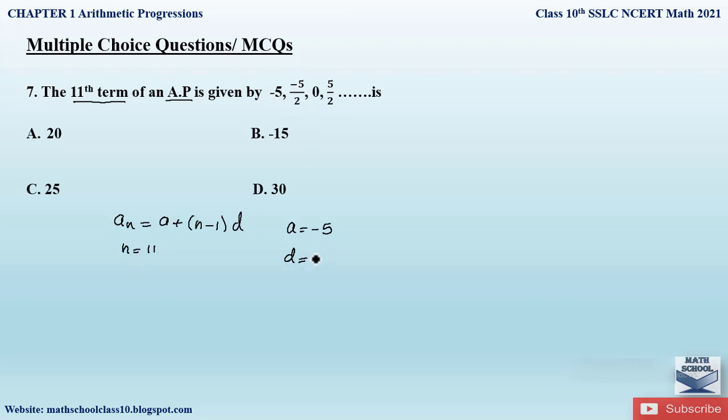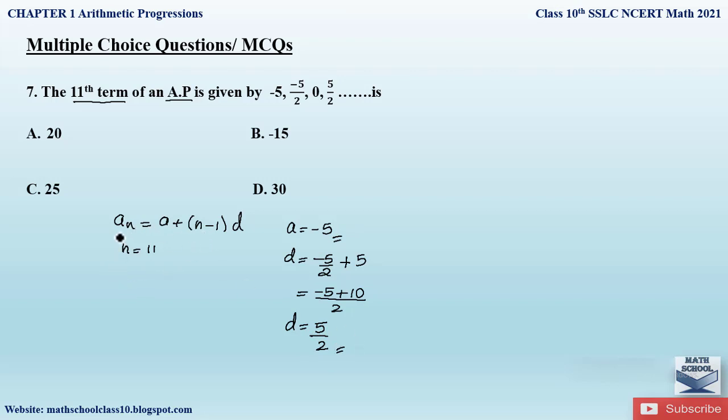Here a2 value is minus 5 by 2, minus of a1 is minus 5, so it will become plus 5. So here let us take the LCM as 2, so this will be minus 5 into 2 is plus 10, so d will be equal to minus 5 plus 10, which is plus 5 by 2, right? So using this a and d value, we will find out the 11th term.